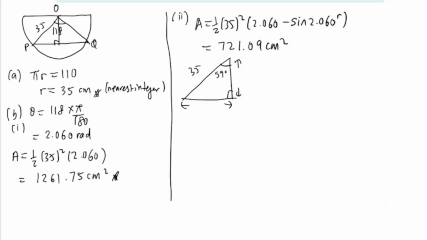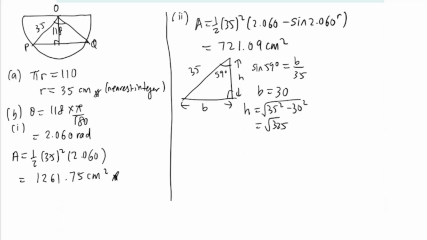So calculator in degree mode. Let's say I use sine 59. This is your base, this is your height. So it's b over 35. So 35 sine 59. I got 30. Your base is 30. Your height, I think we can just use square root of 35 squared minus 30 squared. That's better. It's square root of 325.